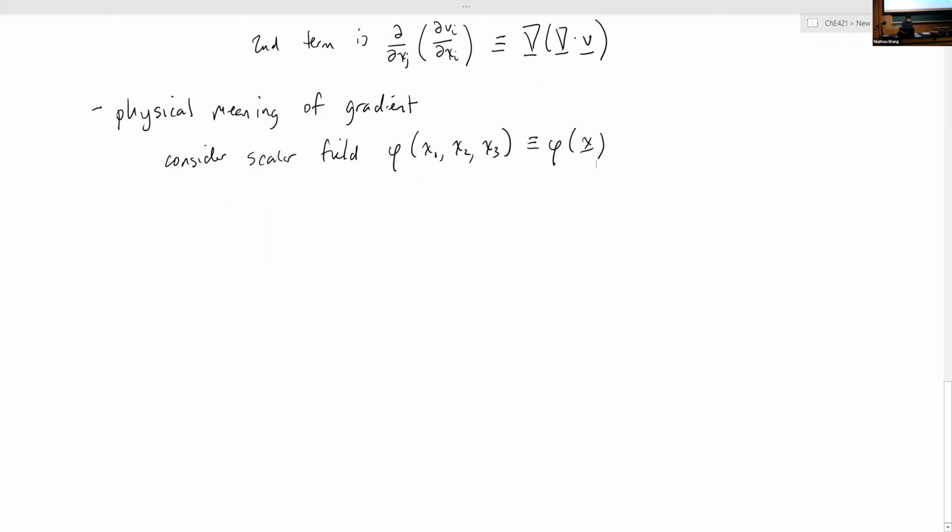So one thing that I'm going to ask then is if we're given the value of the field at any given position, then what is the value at a position pretty close by? Let me draw a little picture here.